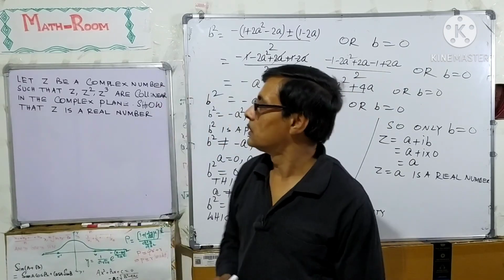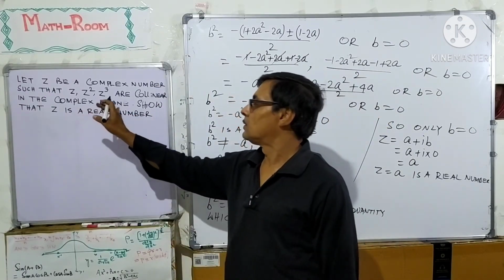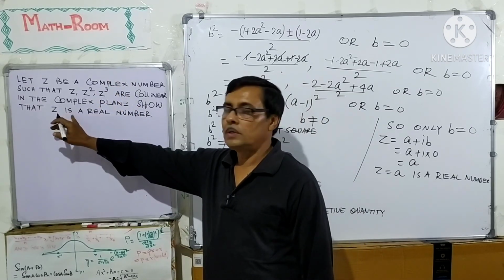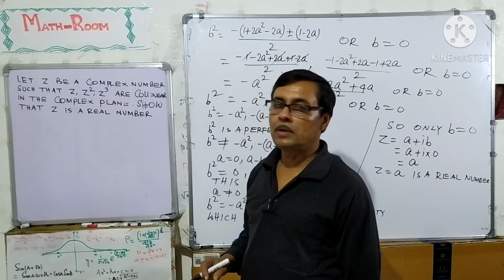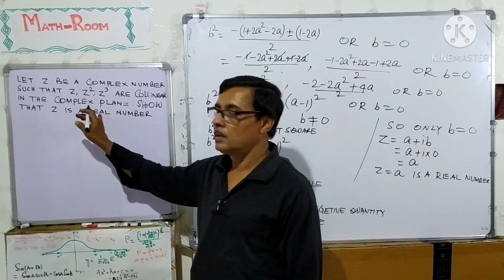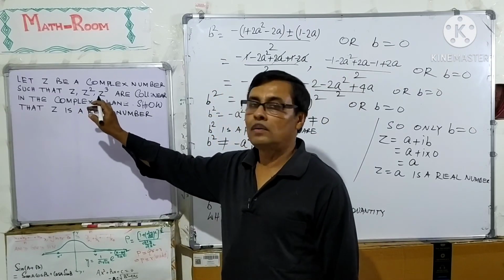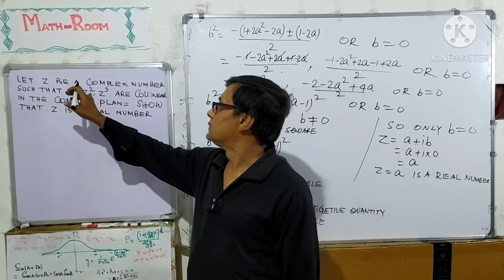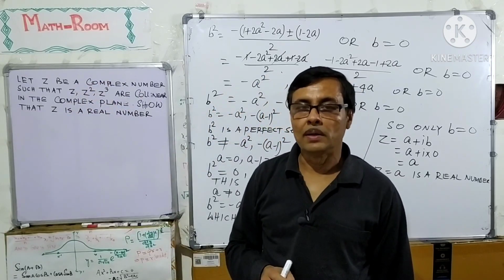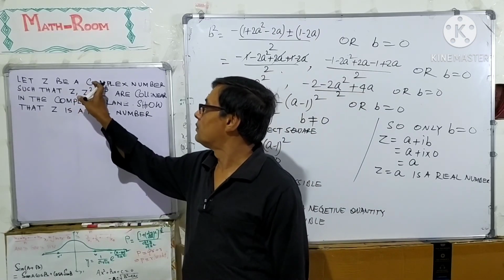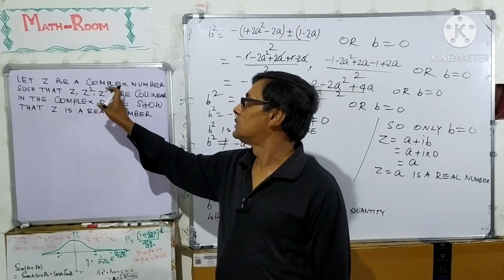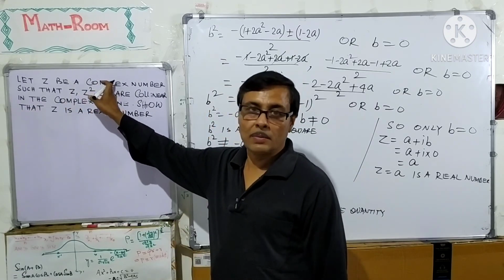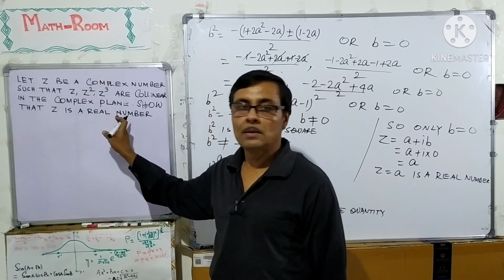So, under this condition, z cannot be a complex number, that is imaginary number. Z is also a real number. Z can only be a real number. Z cannot be complex number or imaginary number when z square, z cube are collinear. If z be a complex number and z square, z cube are collinear, then z cannot be a complex number, but z is a real number.